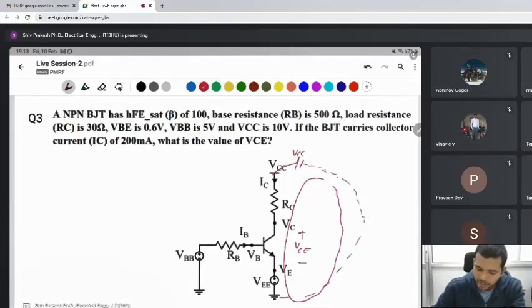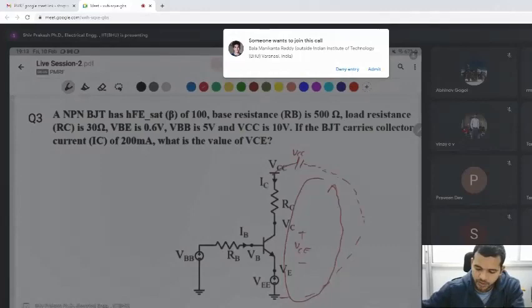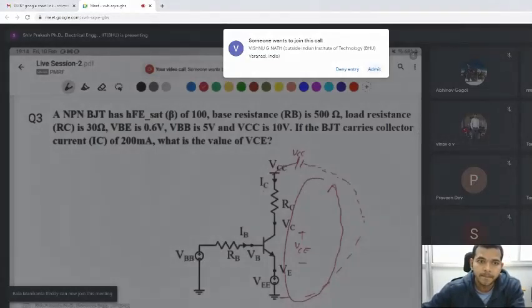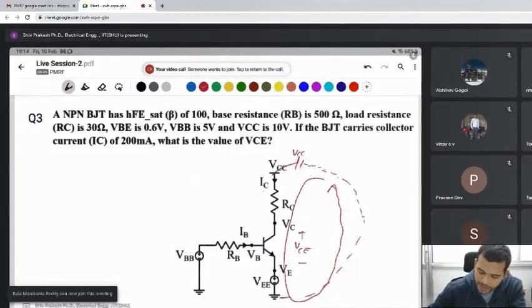You can apply KVL like that. In this you should know the value of IC, RC is given, IC is also given, but VE is not given.